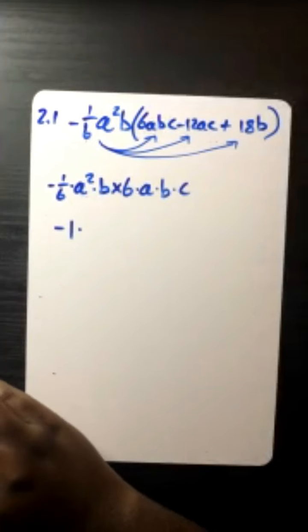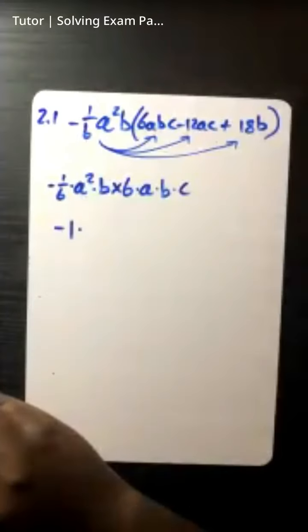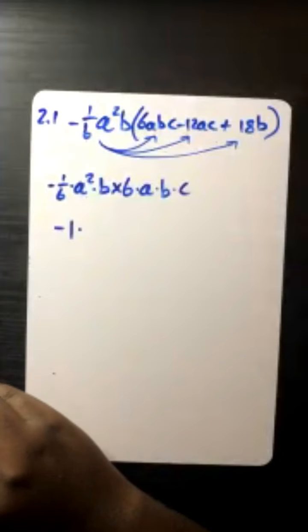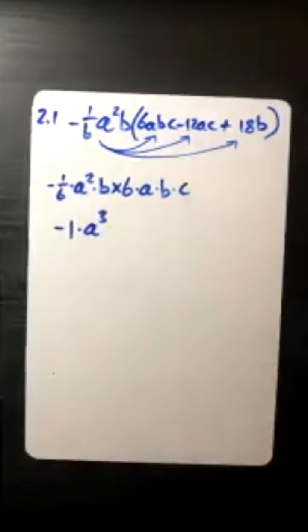Because a^n times a^m will equal a to the power of n plus m. So for us, it will be a to the power of 2 times a, which will equal a to the power of 2 plus 1. 100%, which makes it a to the exponent 3.